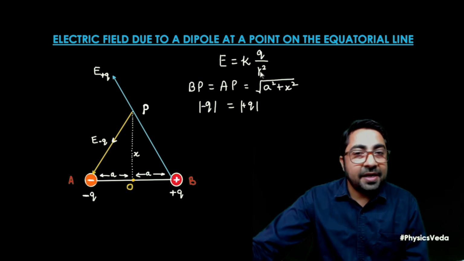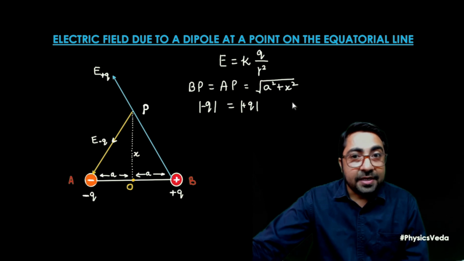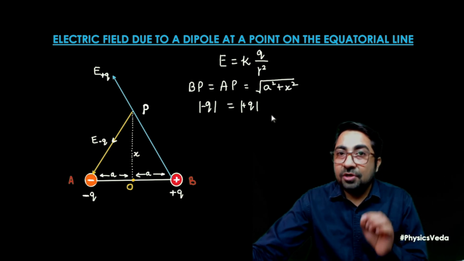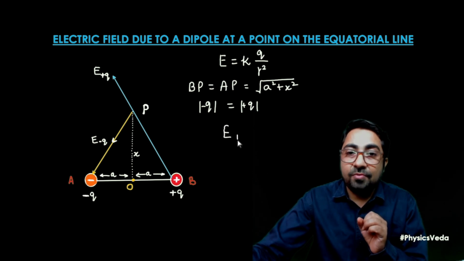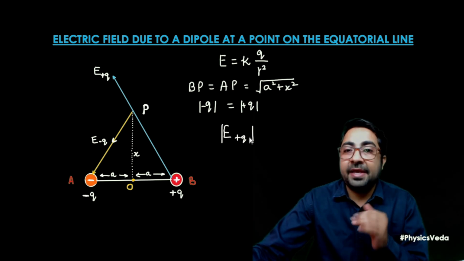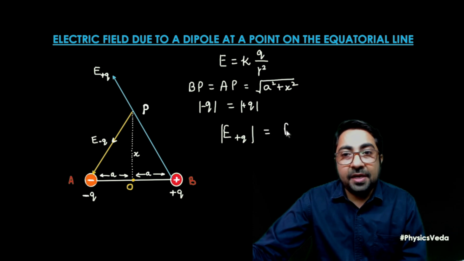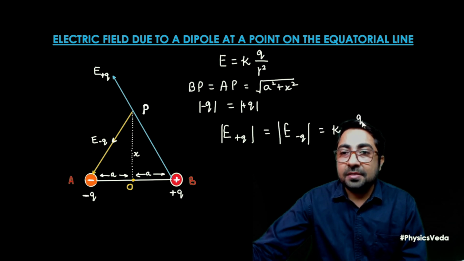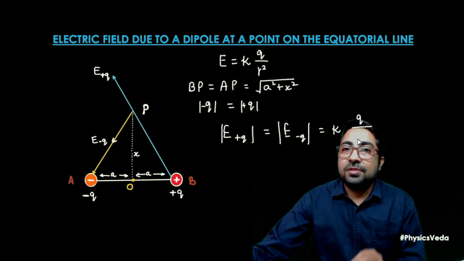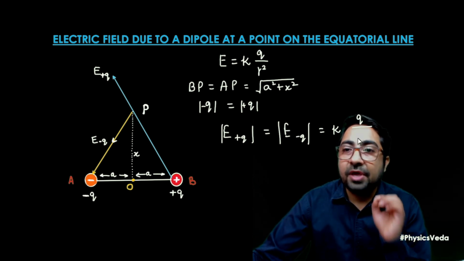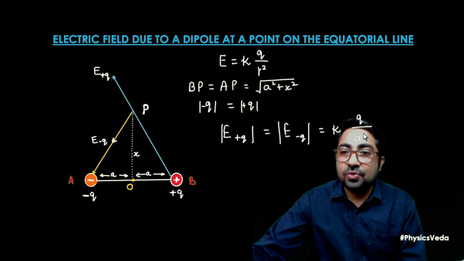So what will be the magnitude of electric field intensity here? That is the magnitude of intensity of electric field due to both charges. It means that E due to positive charge, I am taking the magnitude here, and E due to negative charge, again I am taking the magnitude here. So it is equal to constant, the magnitude of charge, and the distance from the charge to a particular location, so it is a square plus x square.